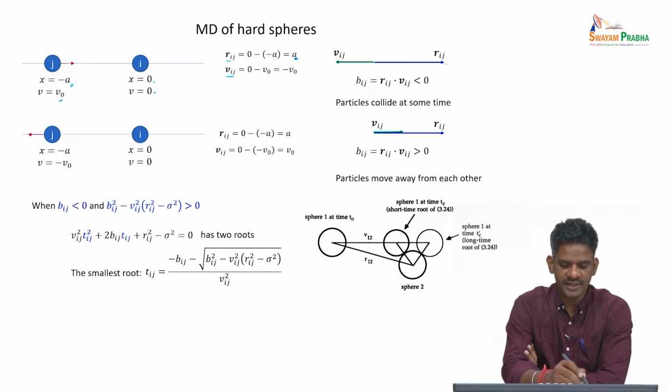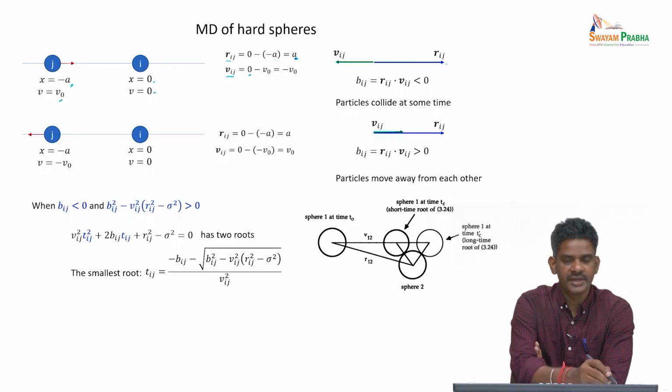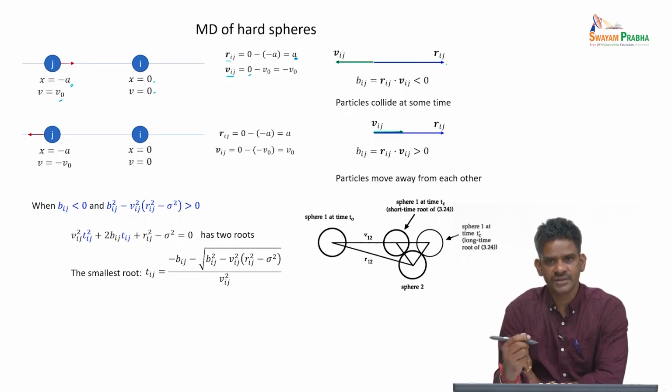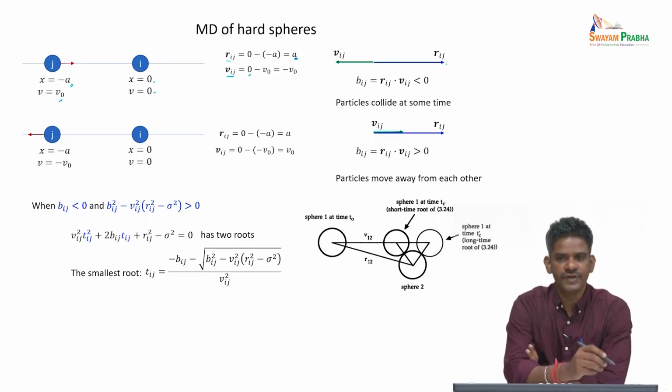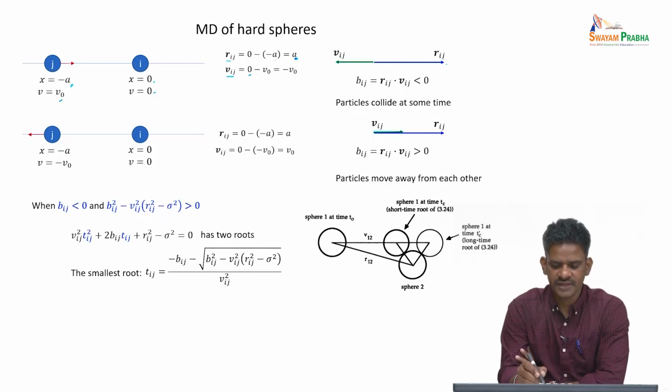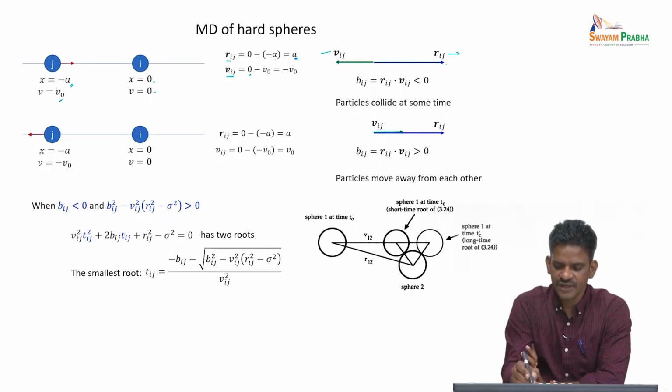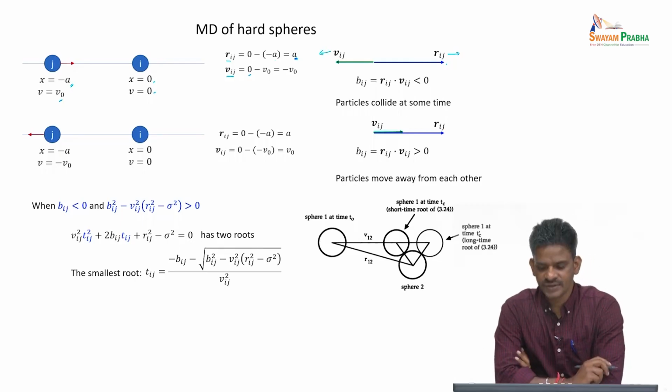The ith particle's velocity is 0 minus the jth particle's velocity, which is in the positive x direction moving at a speed of v naught. So, this Vij is given as minus v naught. If I show this as a vector, the Vij is in the negative x direction. So, the Rij moves in the positive x direction and Vij moves in the negative x direction.